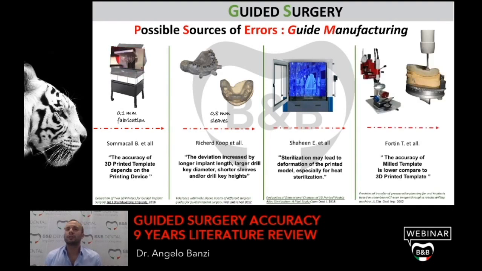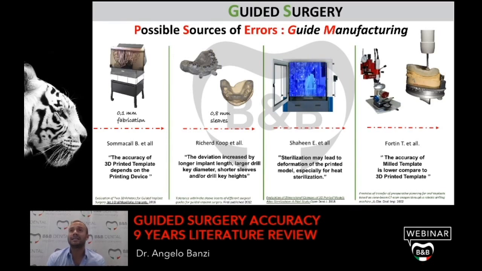Finally, we have another technique. I reported another technique to make the surgical template, and I can call it the analogic technique. It uses a milling machine to transform the radiopaque template into a surgical radiopaque template. The same template that I use for the radiological exam, I am going to use for the surgery.